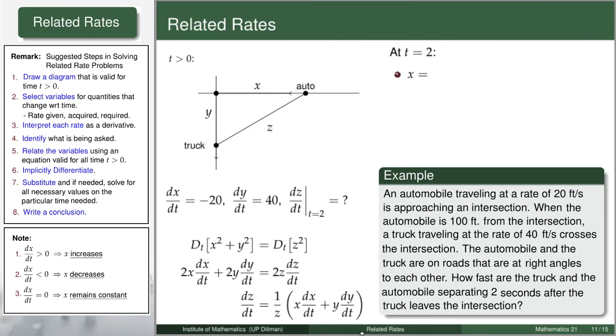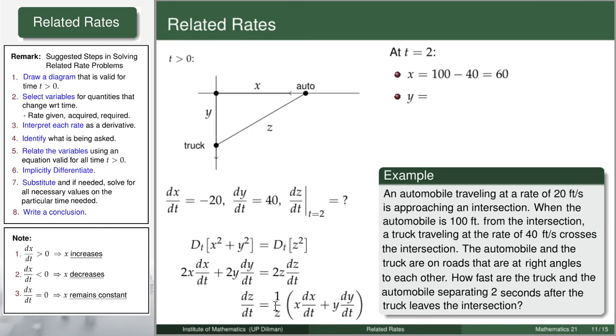To get the x, I need to remember that at time 0, you are 100 feet away from the intersection. So that means when you move away from it, the remaining value x will just be 100 minus whatever you have traveled. Since I already know that the rate of my automobile is 20, that will be 20 times 2, and that will be 40. This will give me a total of 60.